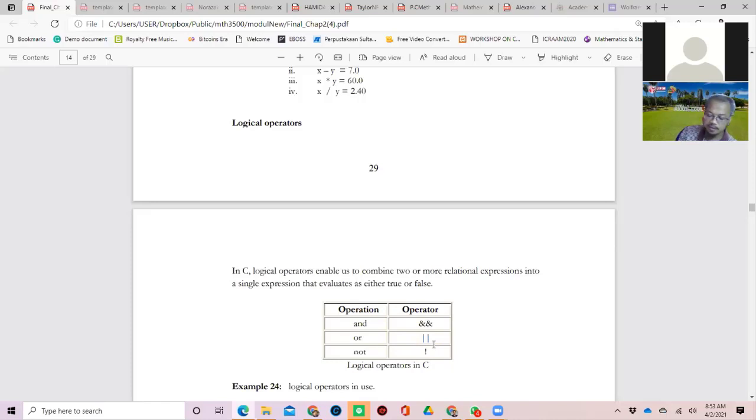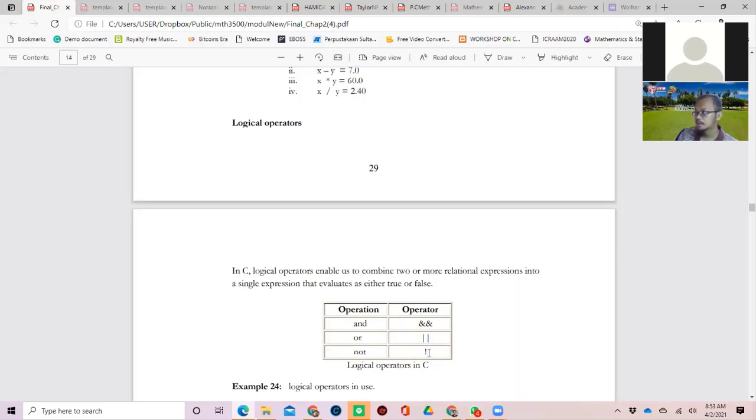The vertical symbol is above the enter key; you use shift with the upper symbol there. And then not is the exclamation mark. So in C, this symbol is not.